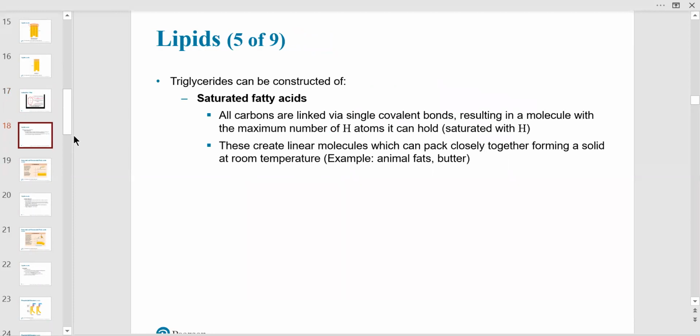So saturated fats are ones where all carbons are linked to a hydrogen, so it's saturated with hydrogen. This is harder to break down, your animal fats. Butter is a good example of a saturated fat. I think the only vegetable saturated fat may be found in something like coconut, right?